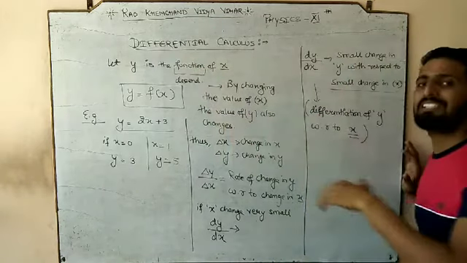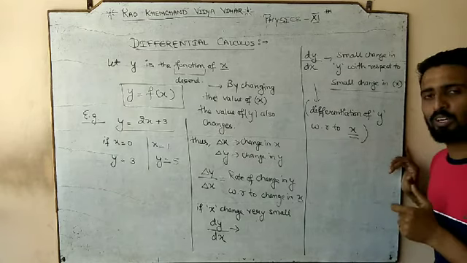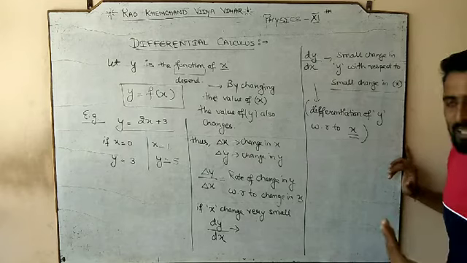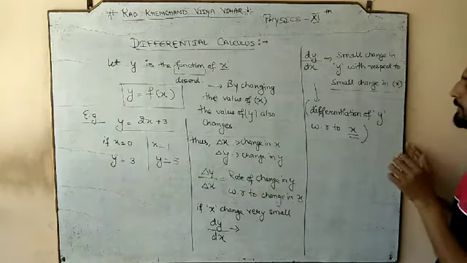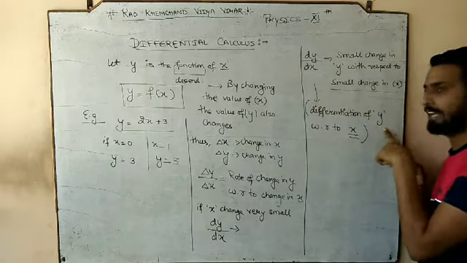Differentiation, the word means change, difference. मैंने आपसे पहले ही बात किया था that the word differentiation includes the word difference. और किसी भी चीज में difference तभी आता है जब उसमें change आता है. So a mathematician will use the word differentiation of y.